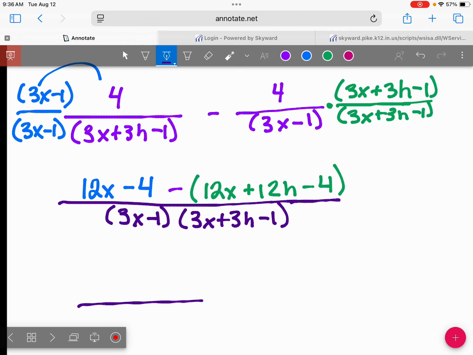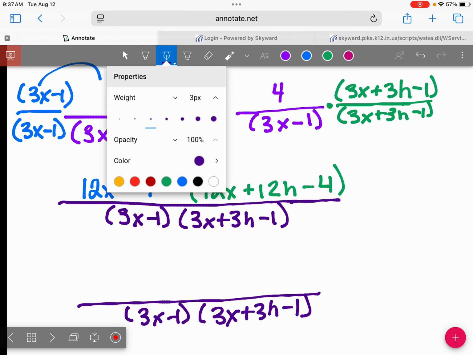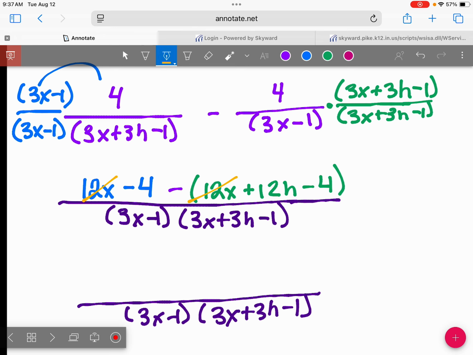All right. We almost have this piece simplified for us. 3x minus 1 is our denominator. 3x plus 3h minus 1. And in our numerator, we need to simplify this. We've got our 12x minus 12x. They cancel out. They go away. I have nothing minus 12h.